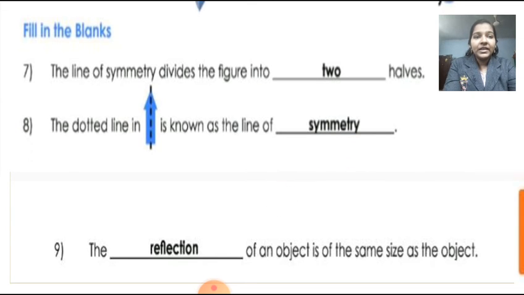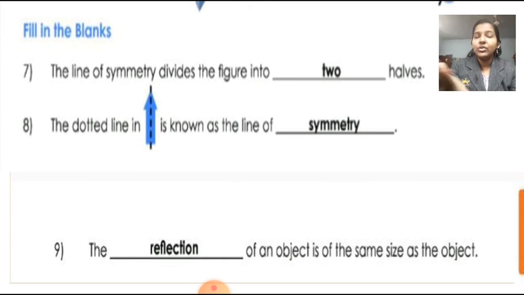Now look at the ninth question. The dash of an object is the same size as the object. So what? Reflection. The reflection of the object is in the same size after the reflection also. But in symmetry, we are cutting that shape into 2 equal parts.